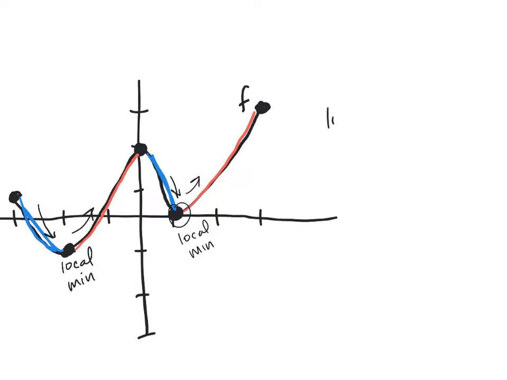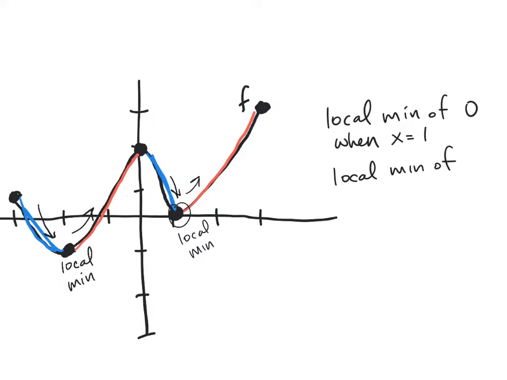So we would say local minimum value of the first one here, the y value is 0. So a local minimum of 0 when x equals 1. There's also a local minimum right here, that's a y value of -1. So a local minimum of -1 when x equals 2.